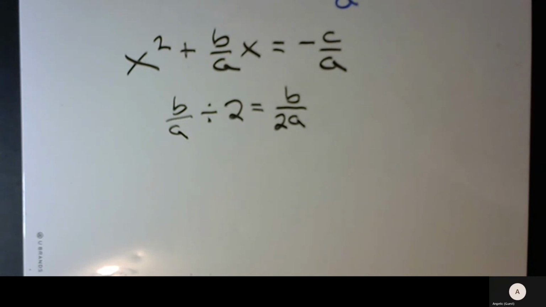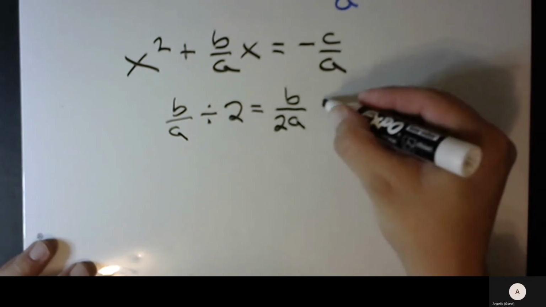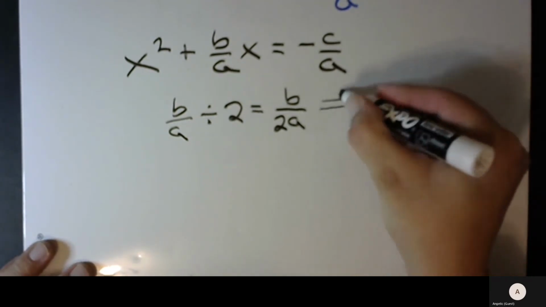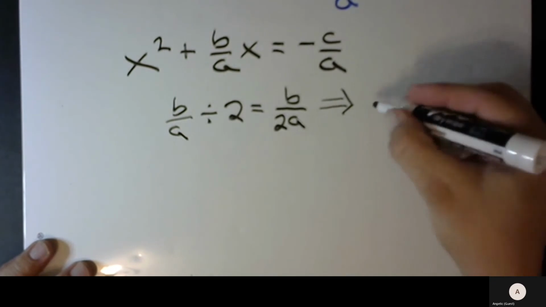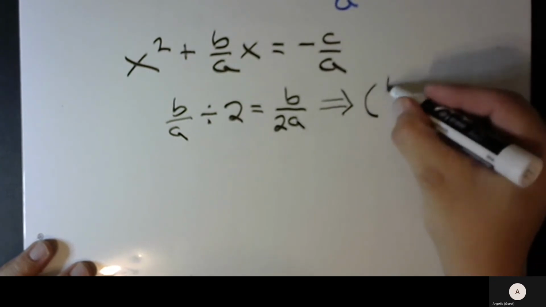We're going to do that first. Now, this is part of that trick. Then we're going to take this, we're going to square it.